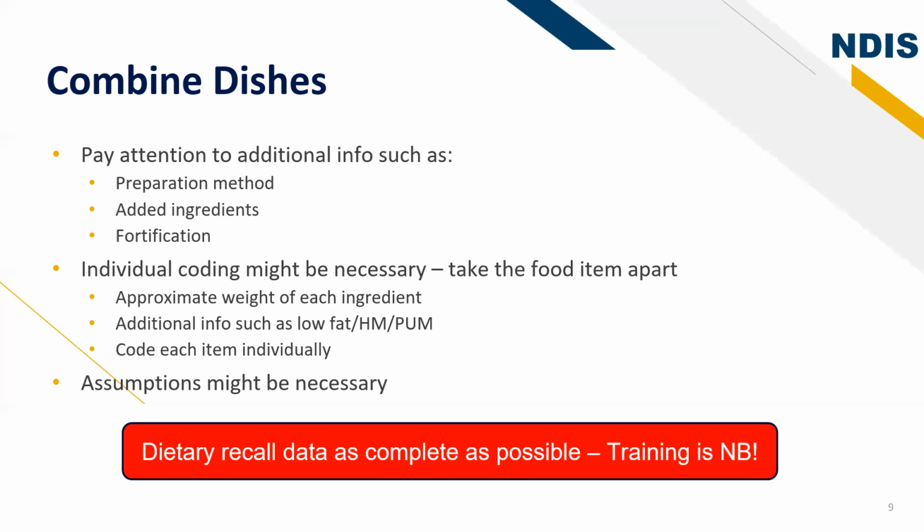You'll see during the training, we indicate that you should collect as much data as possible. So you'll also see with your 24-hour recall, all of those columns that need to be completed. That is there specifically for the data that we need. And please do not leave anything out or empty. Don't leave empty columns.